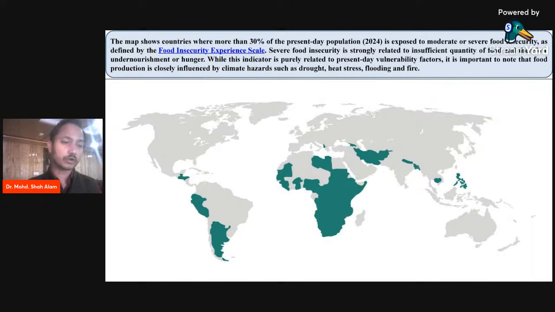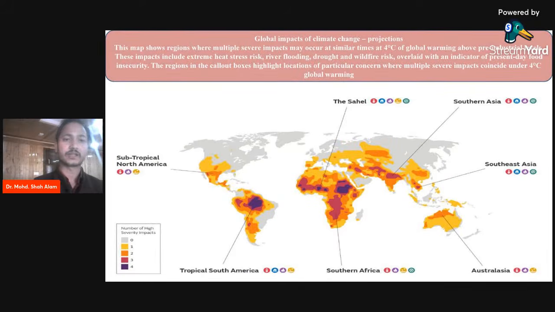They are not able to put food on their plate or in their market, and there is undernourishment and hunger there. While this indicator is purely related to present-day vulnerability, it is important to note that food production is closely influenced by climate hazards such as drought, heat stress, flooding, and fire.